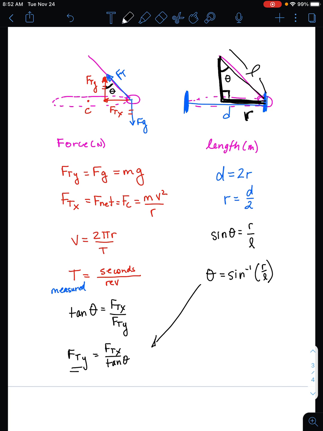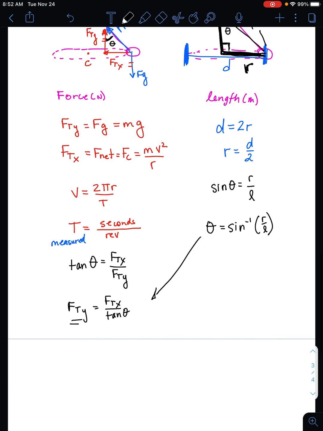The reason I find theta is so that I can find what FTY is by doing FTX over the tangent of theta. The whole goal of this lab is to find out what G is. We know it's 9.8, but we're trying to find a different way of solving for G and seeing how we did. Because FTY is equal to FG, which is equal to MG, the other way we have of solving for FTY is to say that FTY is equal to FTX over the tangent of theta.